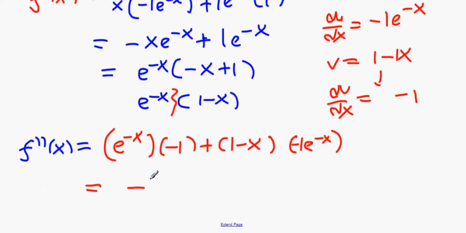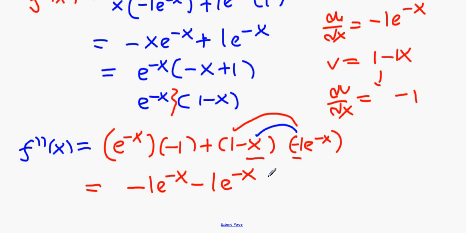We're going to get minus 1 e to the minus x plus, now this is 1 multiplied by minus 1 e to the minus x, which is minus 1 e to the minus x. And then we're going to have x times minus 1, so that's going to be plus x e to the minus x.